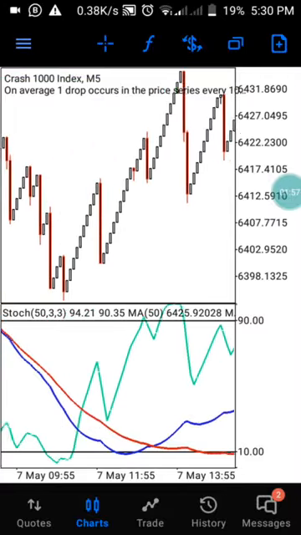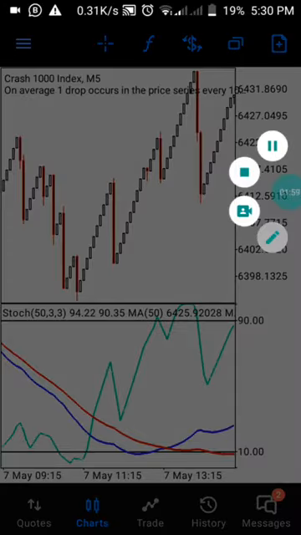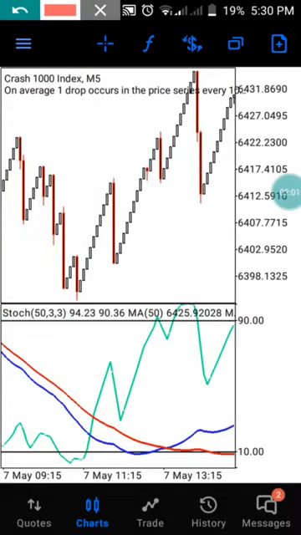What you need to do when you want to apply this strategy is this: anytime your two moving averages are crossing the oscillator line, this is the right time for you to enter your trade. But before you can enter your trade, you must confirm that your oscillator went below the 10 level, or is on the 10 level.